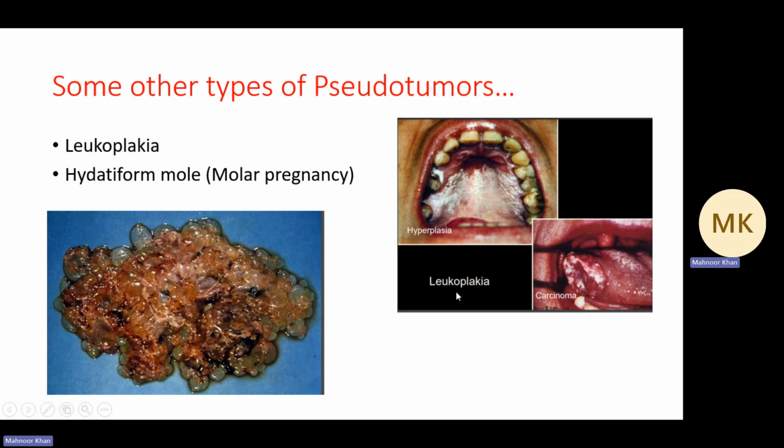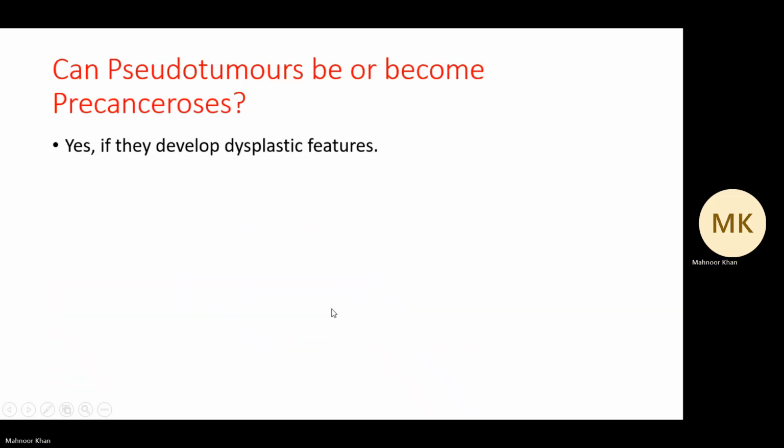So leukoplakia does not give you a definitive diagnosis, and it can be a pseudotumor, it can be a tumor. You need to diagnose it histologically. And you can also talk about hydatidiform mole or molar pregnancy, which also mimics a tumor. Hence, we can put it under the classification of pseudotumors.